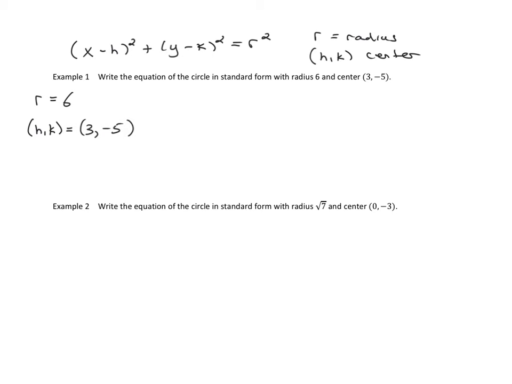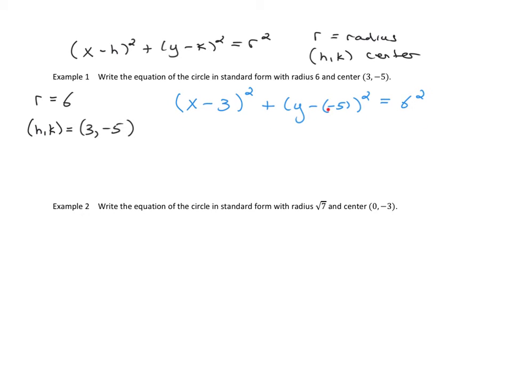If we put this information into this formula, we have (x minus 3) squared, plus (y minus, well, minus a negative 5) squared is equal to 6 squared. So if you graph this in Desmos, you should see a circle with radius 6 and center 3 comma negative 5. We can simplify this a little bit.